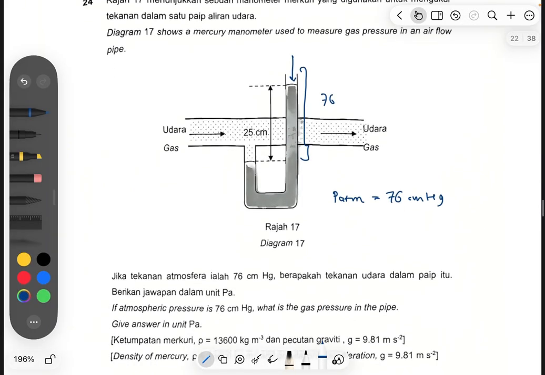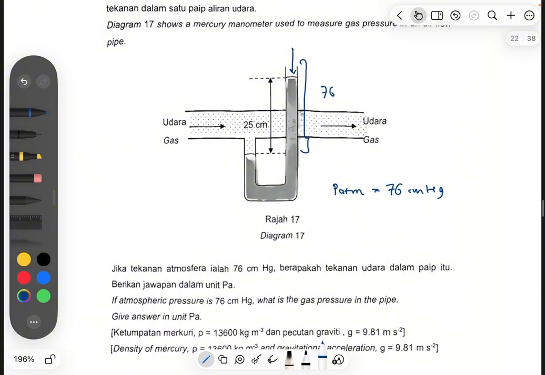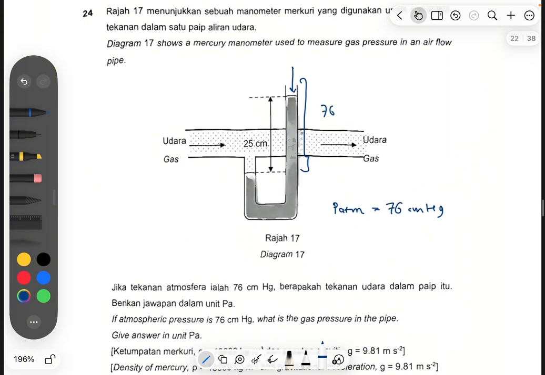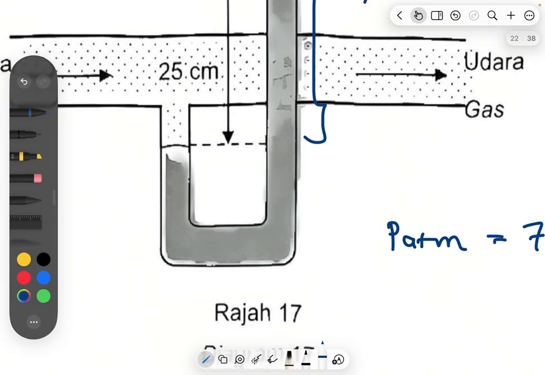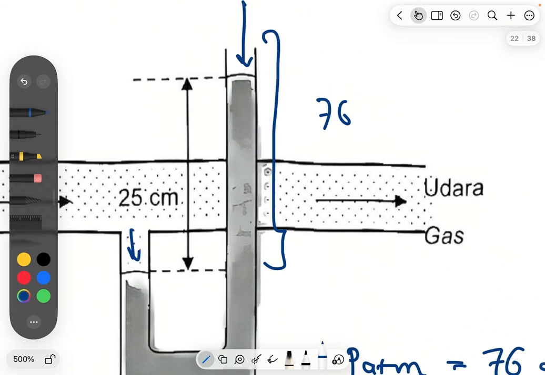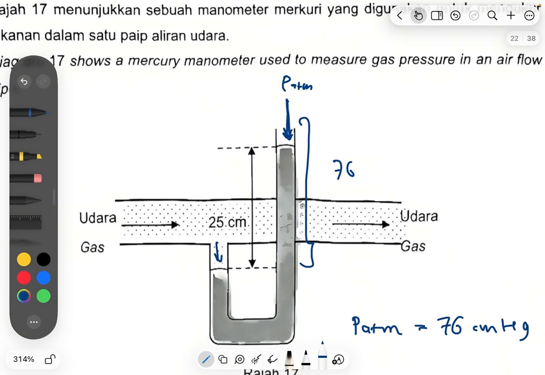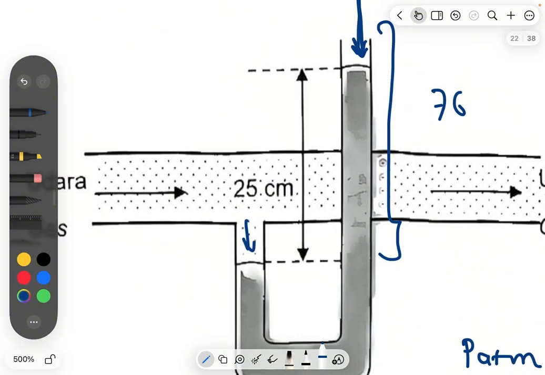Wait, what is the gas pressure in the pipe? So this is gas pressure, this is atmospheric pressure, right? Why is atmospheric pressure so much? Never mind. Okay, take 76 minus 75 and you get 1. So this is 1 cm Hg.